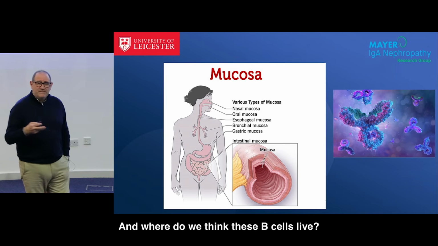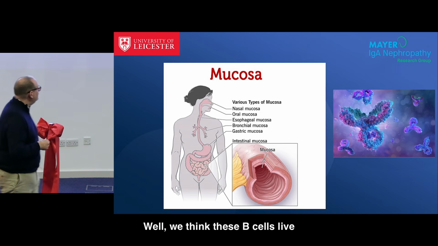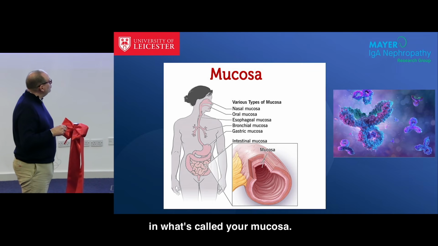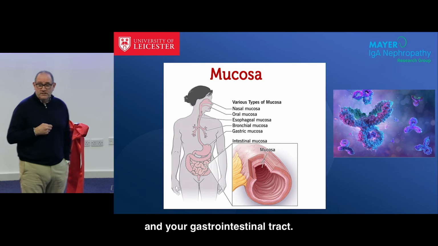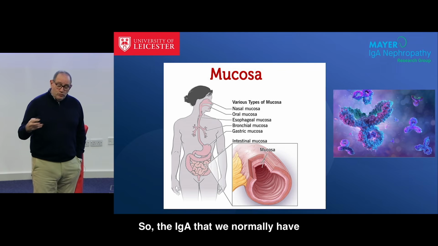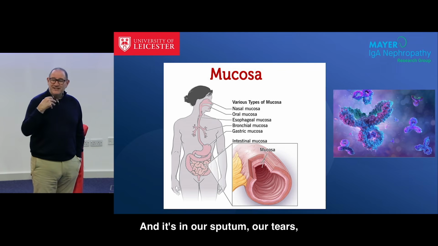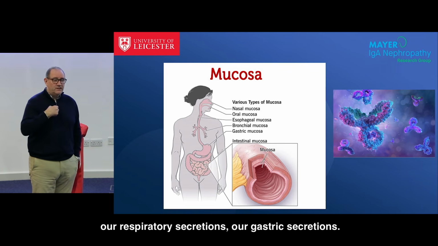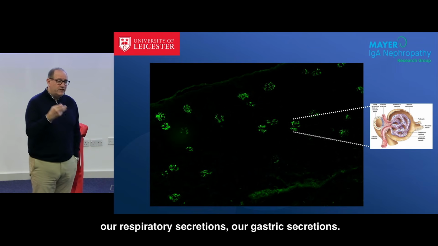And where do we think these B cells live? Well, we think these B cells live in what's called your mucosa. And this is the lining of your respiratory tract and your gastrointestinal tract. So the IgA that we normally have is very important, and it's in our sputum, our tears, our respiratory secretions, our gastric secretions.